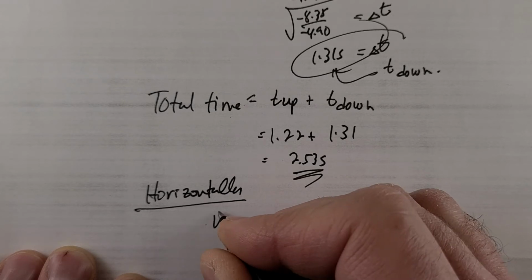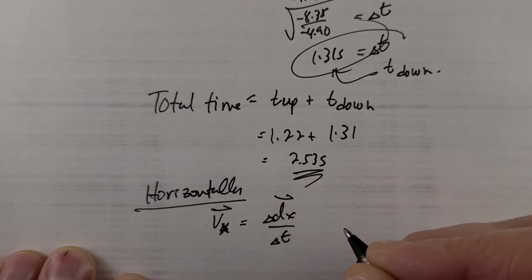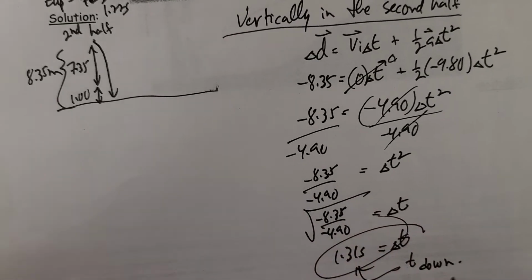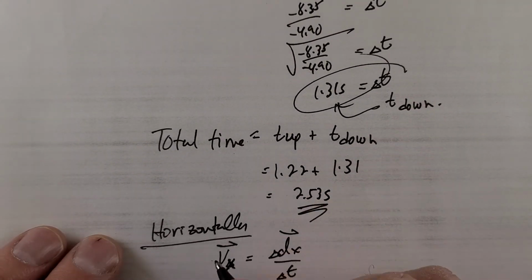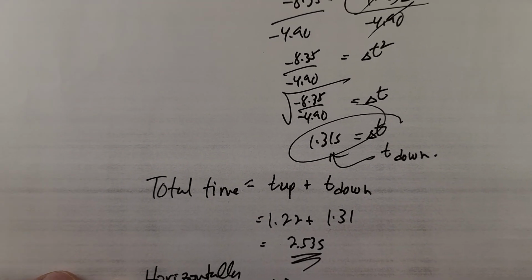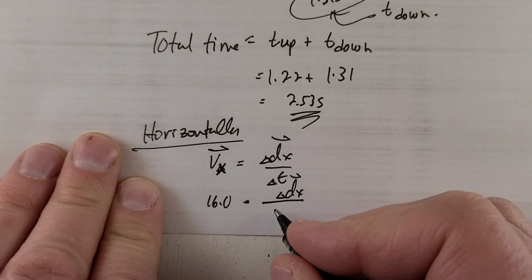So we call this Vx is equal to delta dx over t. My horizontal velocity is constant throughout, 16. And the d that I'm traveling is what I'm looking for. How far do I go? And now my time of flight is a little bit different.